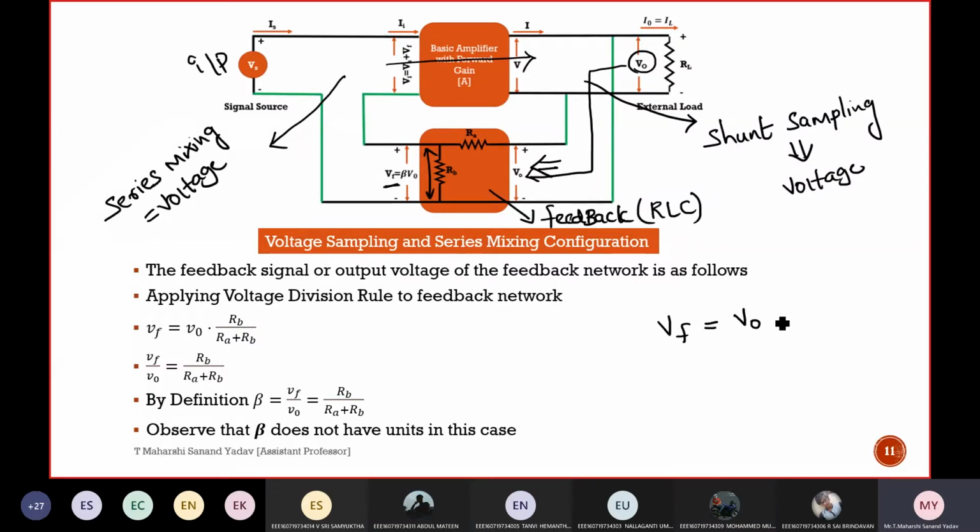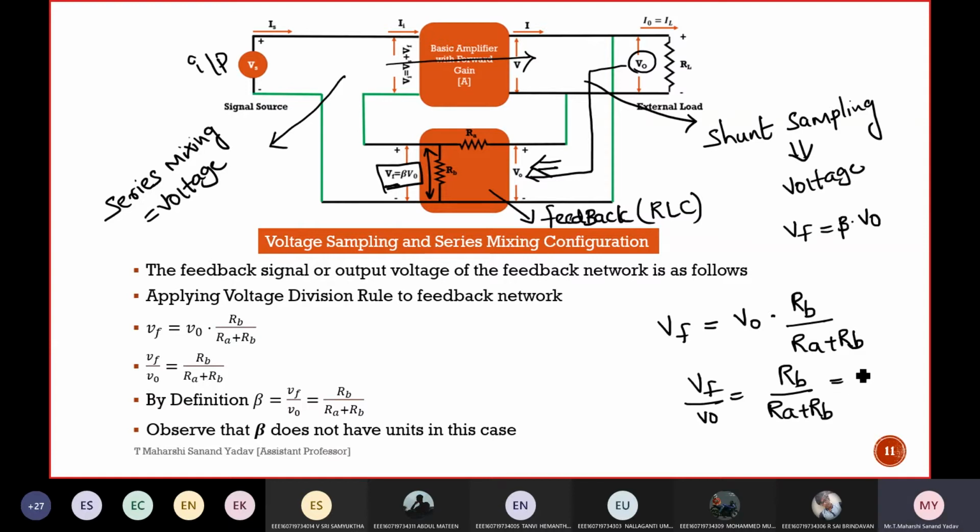That's why it is V out. Next, V out into the opposite resistance, which is RB, by RA plus RB. And I've already told you VF is nothing but beta times V out. So here VF by V naught can be written as RB by RA plus RB, which is nothing but beta.